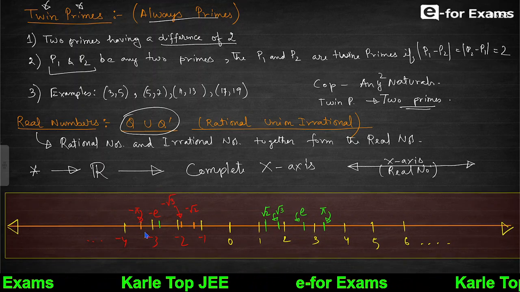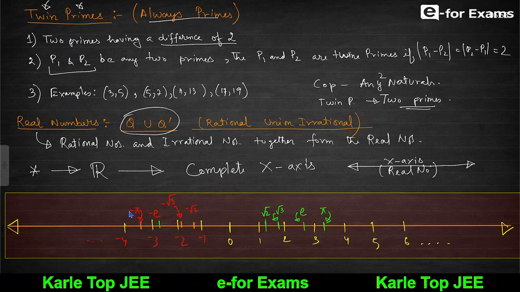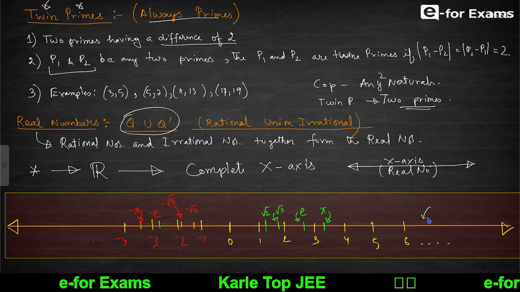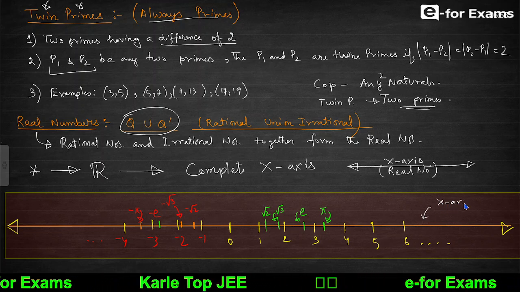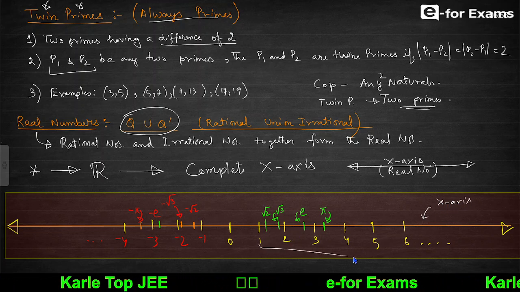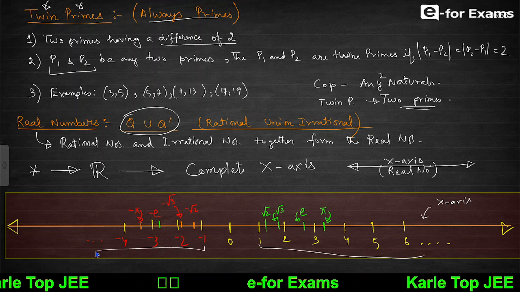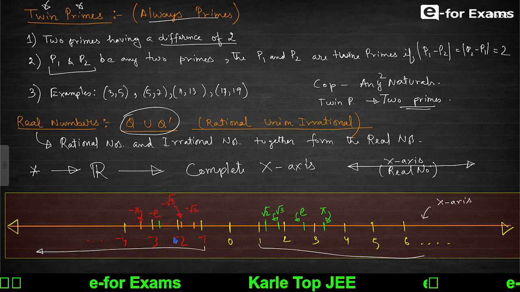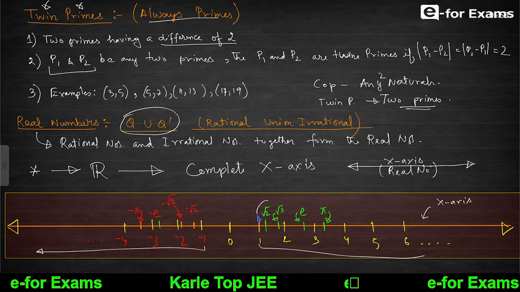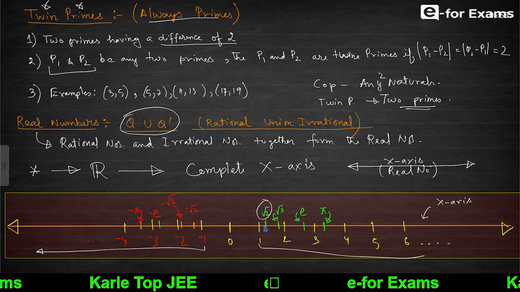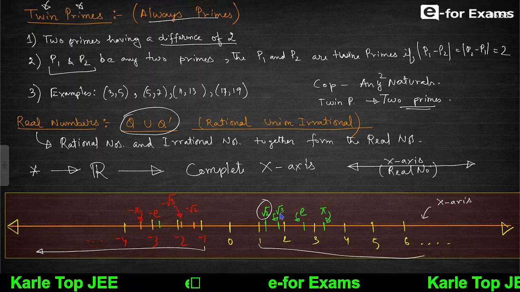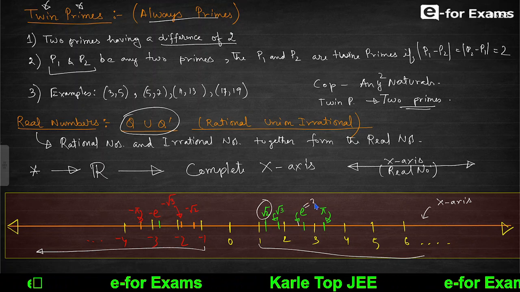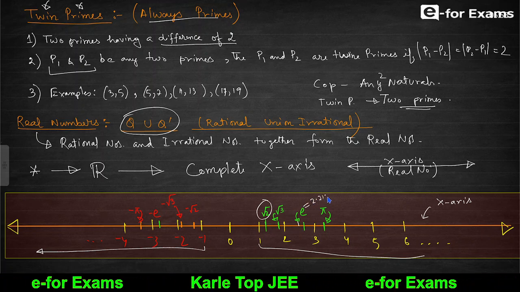See here in the number line system, this complete x-axis, this is nothing but x-axis. You can see natural numbers, you can see negative integers, positive integers, and in between you can see root 2. After 1 and before 2 you can see root 2, root 3, e here 2. E value I told you to remember 2.714.